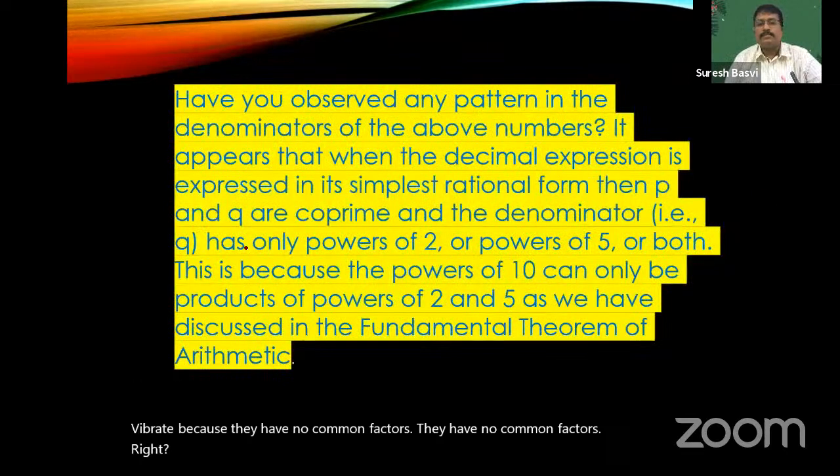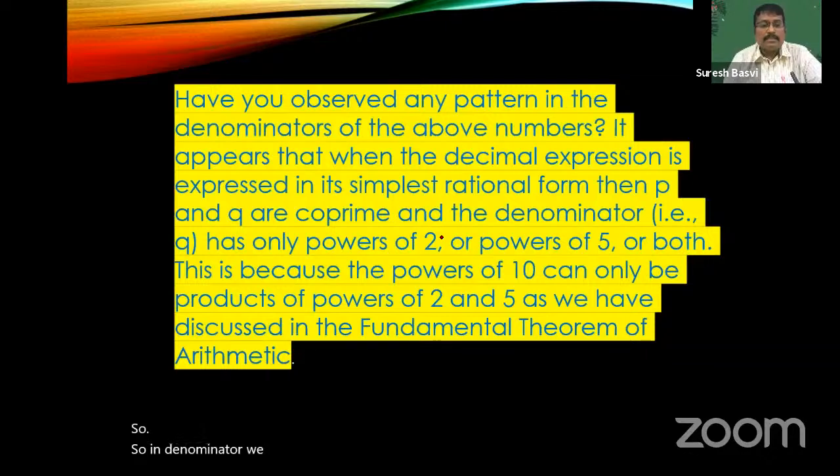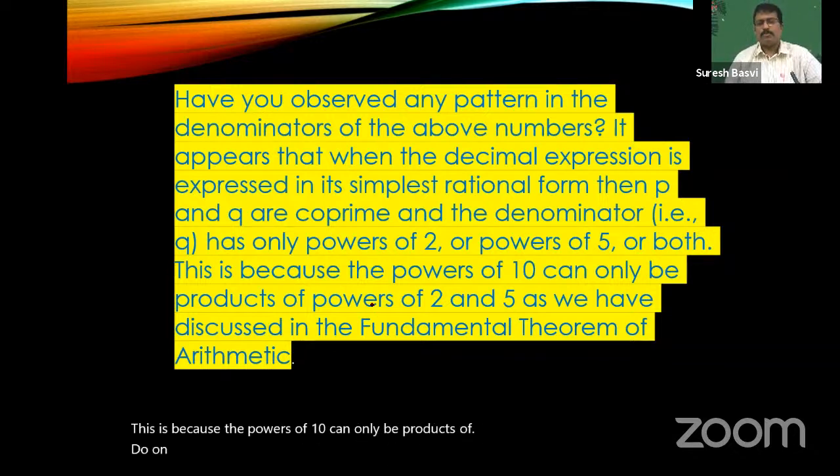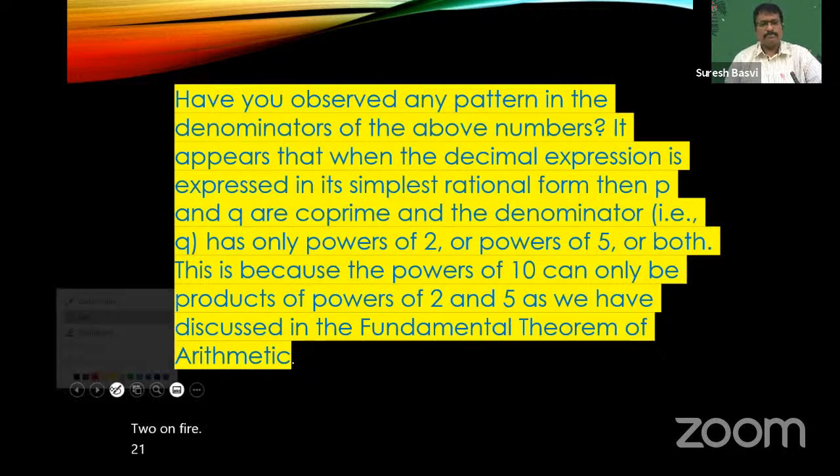So in the denominator, we have only powers of 2 or powers of 5 or both. This is because the powers of 10 can only be products of 2 and 5.